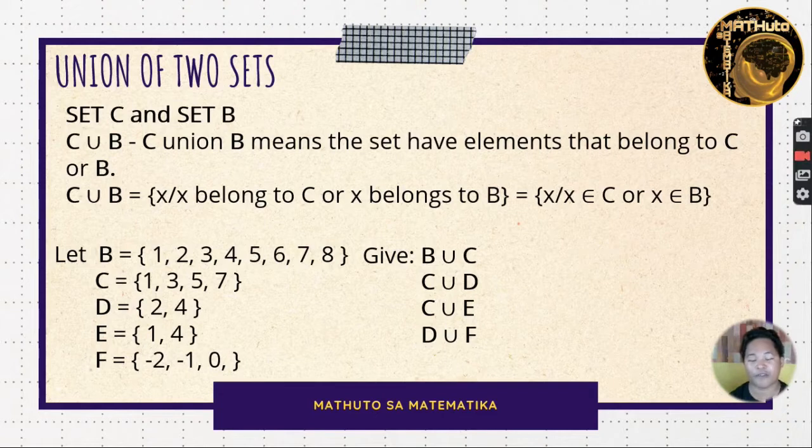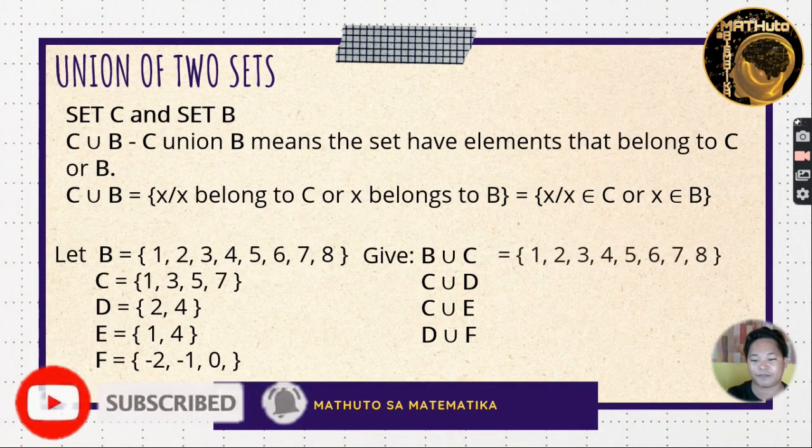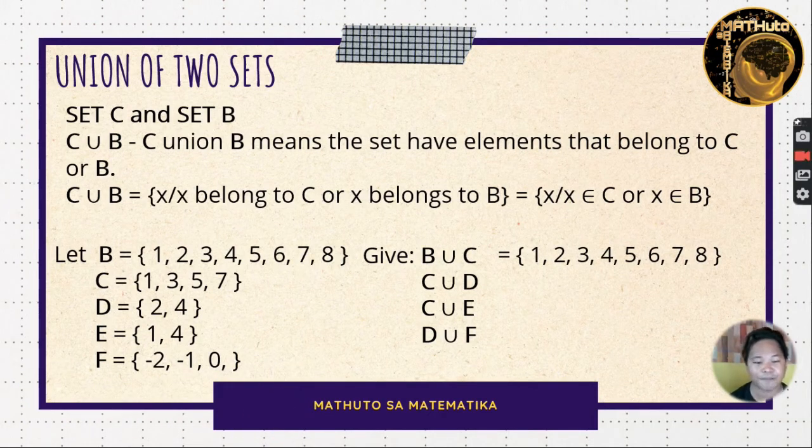If we're going to perform the union of two sets, B union C, we have 1, 2, 3, 4, 5, 6, 7. So we write the elements that belong to set B and set C. For C union D, we have 1, 2, 3, 4, 5, 7.